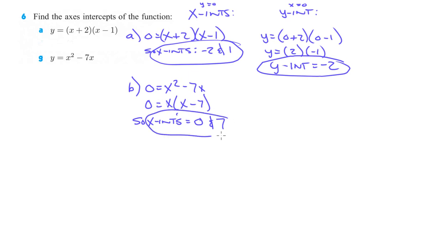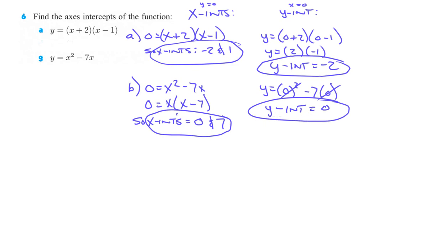So those are our x-intercepts. And then our y-intercept is going to be y equals 0 squared minus 7 times 0, which basically turns into 0. So the y-intercept equals 0.